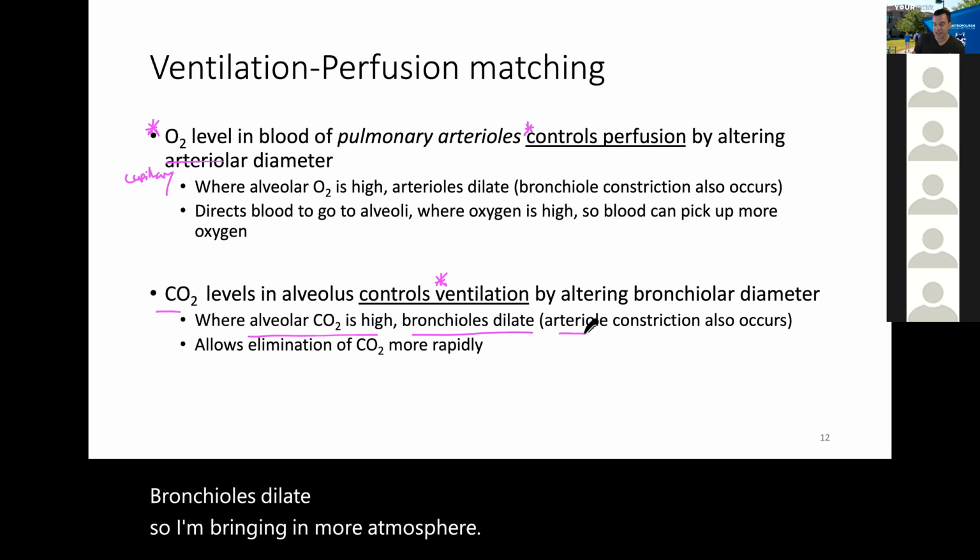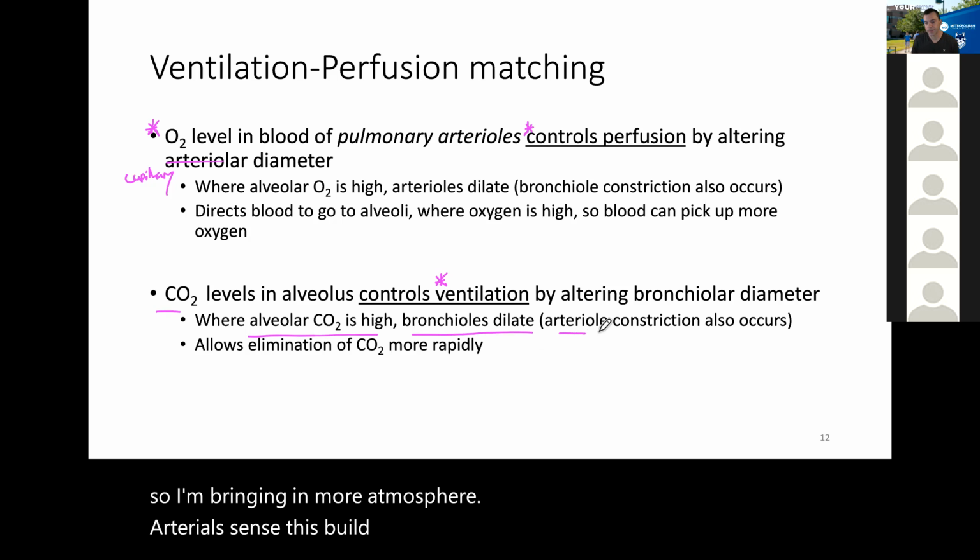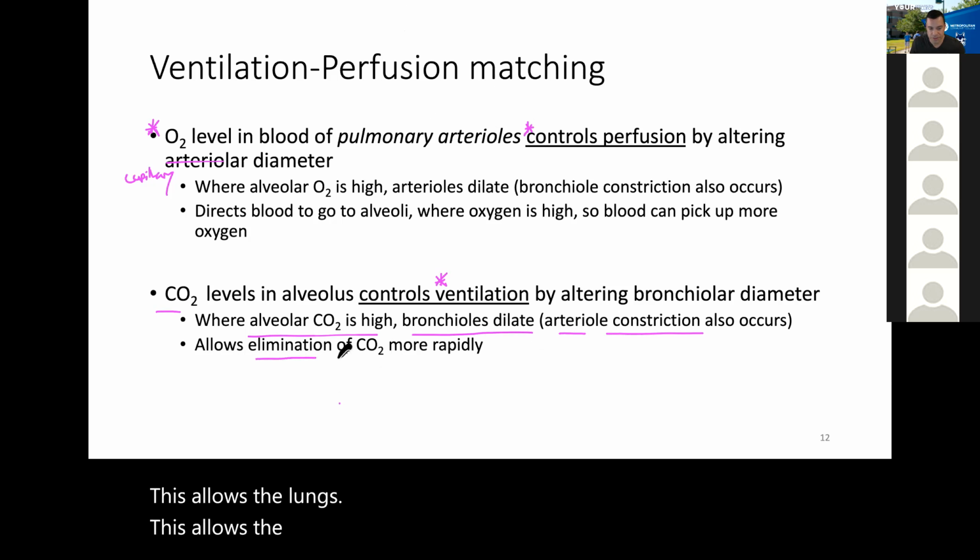Arterioles sense this buildup of CO2. Arterioles are going to constrict. This allows the lungs to eliminate that CO2 a little bit more rapidly.